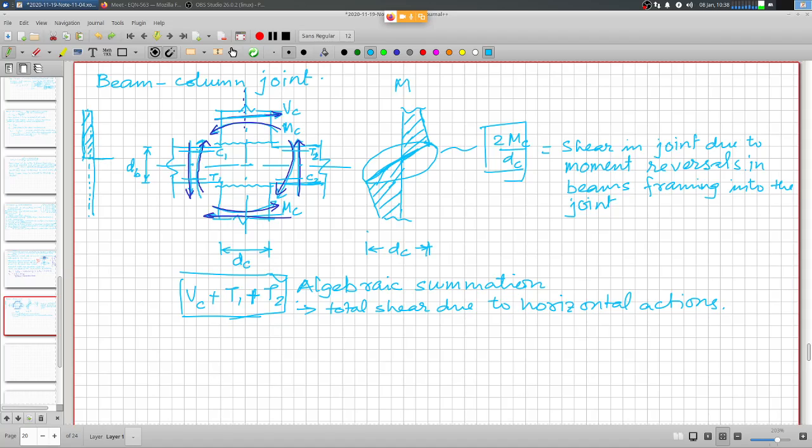And then suddenly you will have this massive shear force which will be constant throughout.